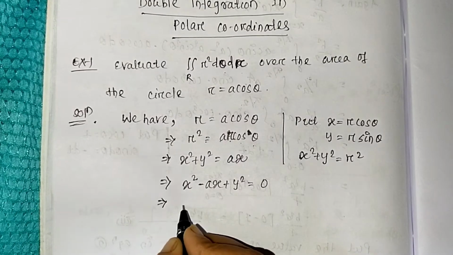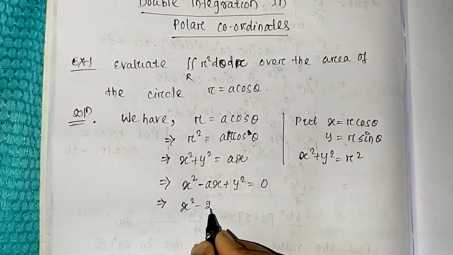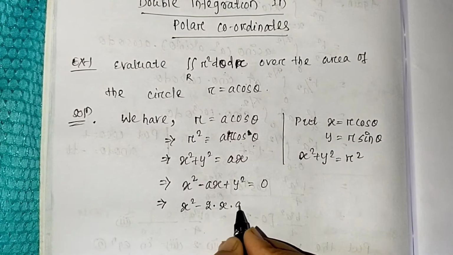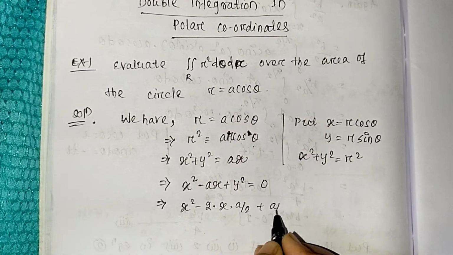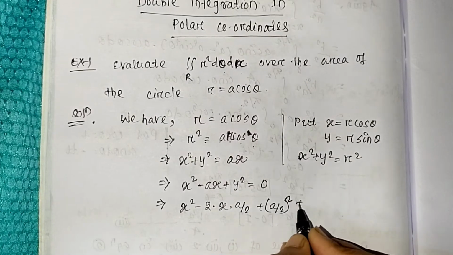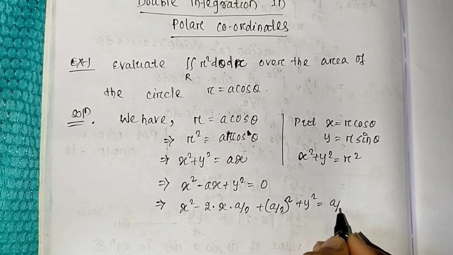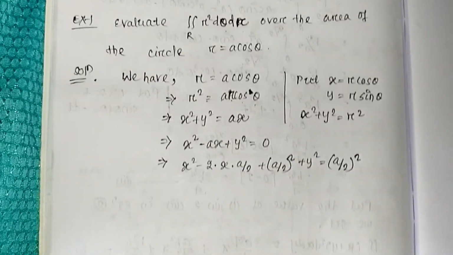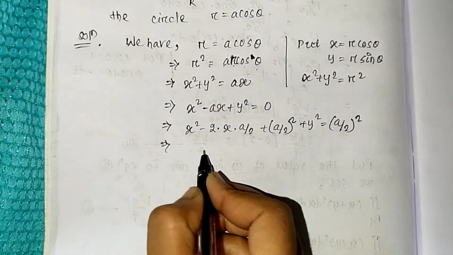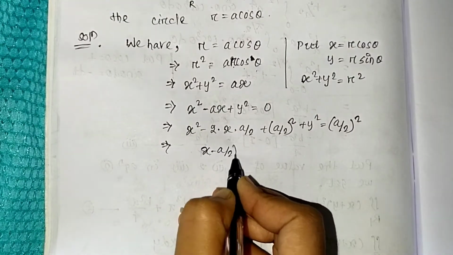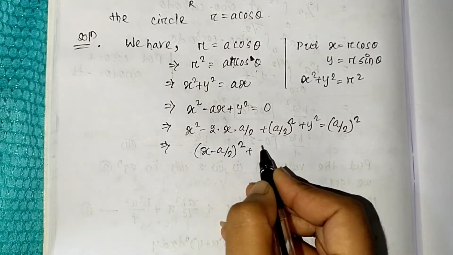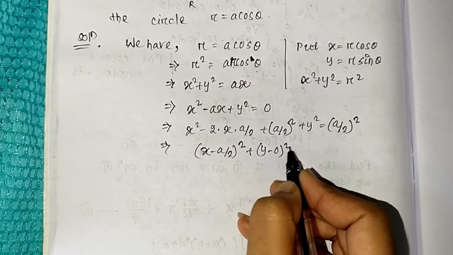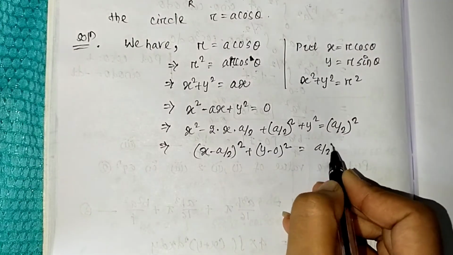That implies x square minus 2 into x into a by 2 plus a by 2 whole square plus y square equal to a by 2 whole square. Then we get x minus a by 2 whole square plus y minus 0 square equal to a by 2 whole square.